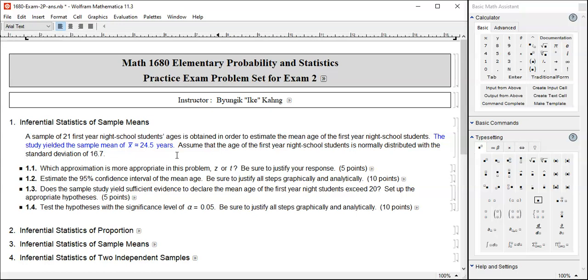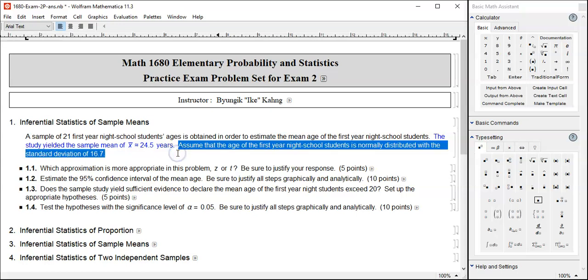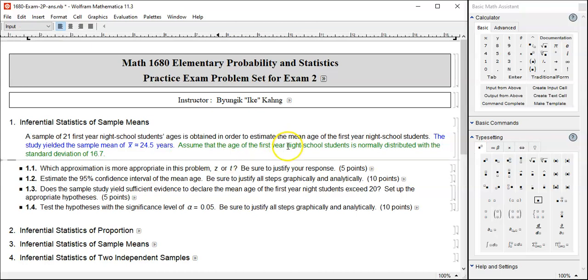Now, on the other hand, let's go to the next sentence. Assume that the age of the first-year night school students is normally distributed with a standard deviation of 16.7. This is about population. We are talking about the first-year night school students assumed to be normally distributed. It would have been a bit clearer if the problem had been written like this, with a population standard deviation of 16.7.